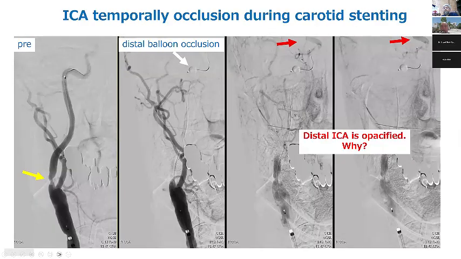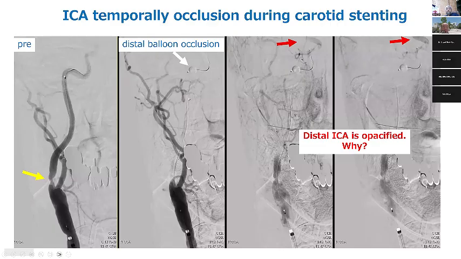Okay, this slide shows the images during carotid artery stenting and distal ICA balloon occlusion. As you can see, this is the stenosis side, and we advanced the balloon catheter here and dilate the balloon to occlude the ICA in order to protect against distal embolism.